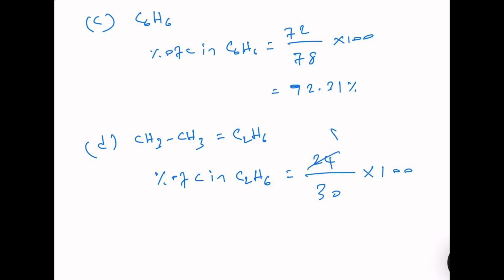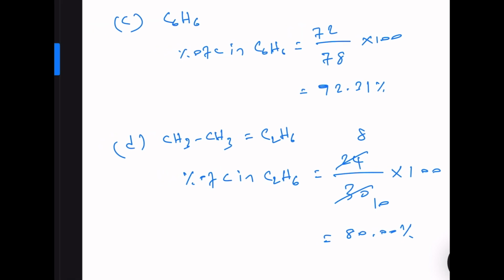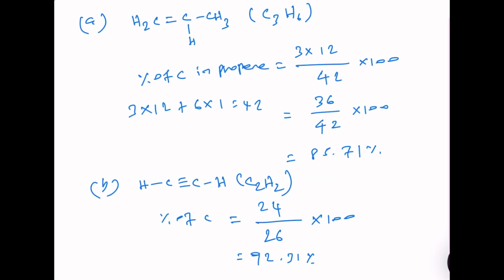So, this is 8 by 10. So, that is exactly 80%, and therefore, only in propene we have the same percentage of carbon as in what we have in ethylene. So, option A is the only correct answer.